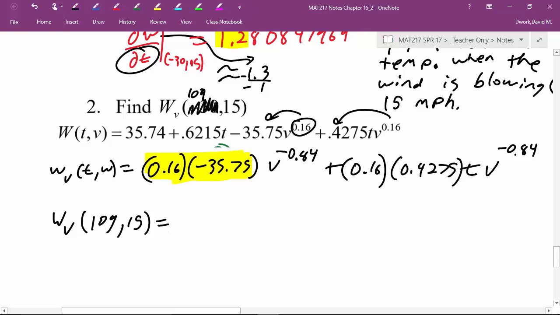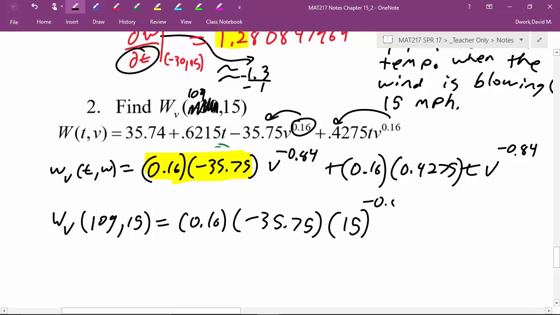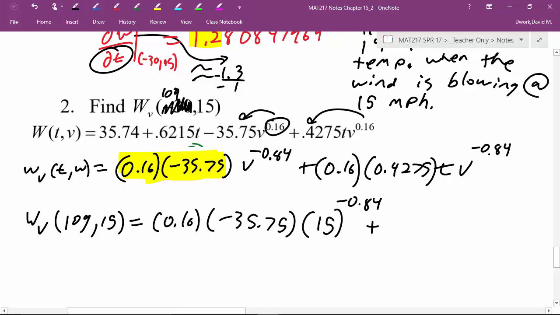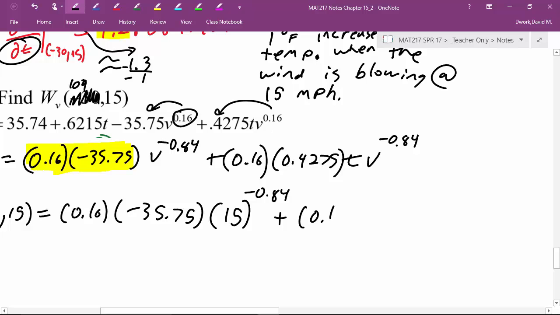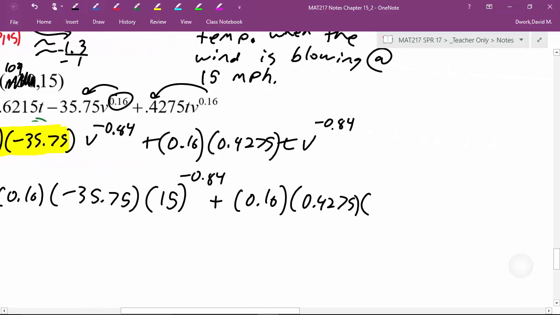So let's evaluate this. I will pop all these numbers into my calculator, but I will write it out this way. I'm going to fill in the numbers before I pause the video. V stands for velocity, so we're still at 15 miles per hour at negative 0.84 plus 0.16 times 0.42775 times T. What was the temperature? 109.